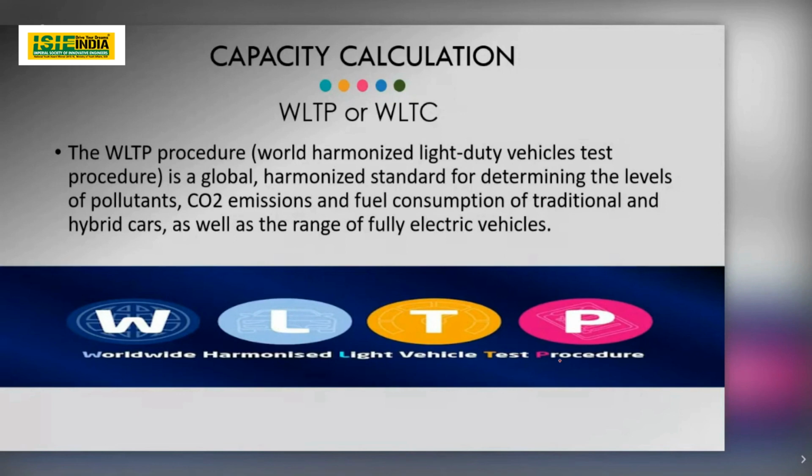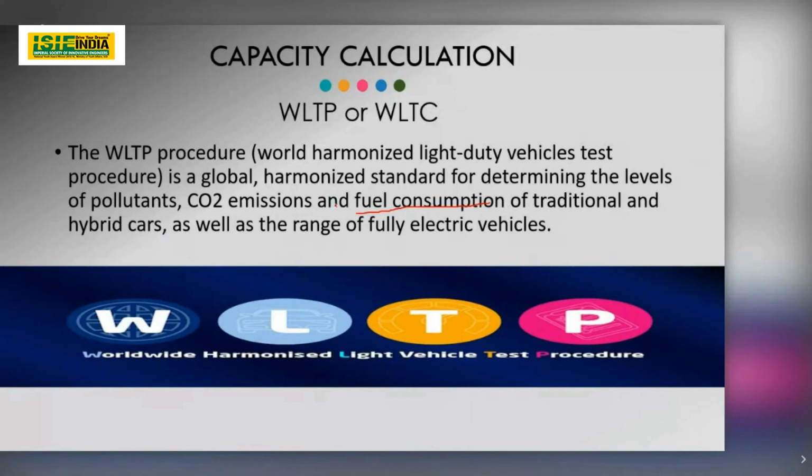This procedure takes data from all over the world and combines it into a graph which gives a harmonized standard for determining the levels of pollutants, CO2 emission, and fuel consumption of traditional and hybrid cars, as well as the range of fully electric vehicles. So what we need to calculate from the capacity calculation is fuel consumption. How much will the car consume? That will be equal to our capacity of battery.